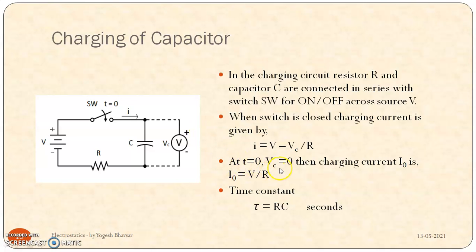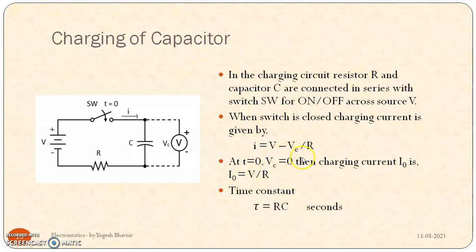At t equal to 0, Vc is equal to 0. Initially when we close this switch, at that instant the voltage across the capacitor will be 0, right? Then the charging current I0 is given by V by R. I0 is denoted as the initial current at time t equal to 0.